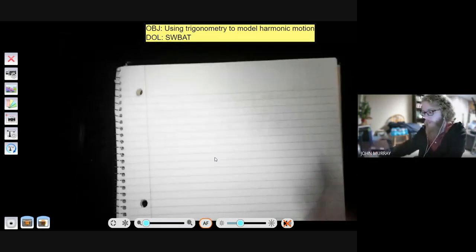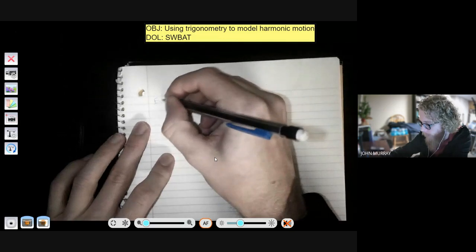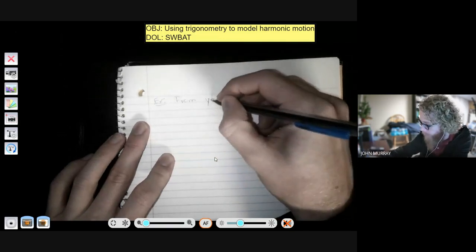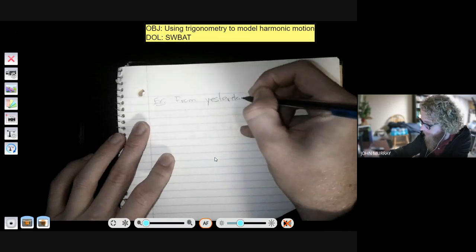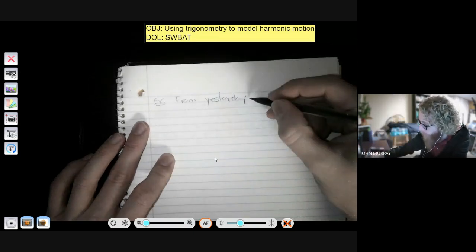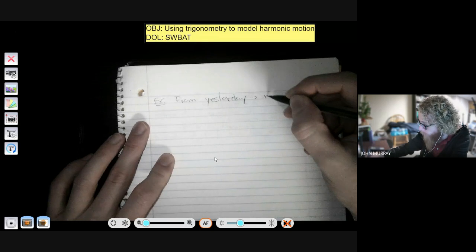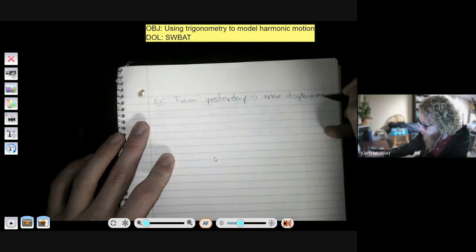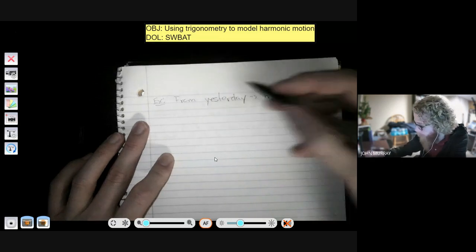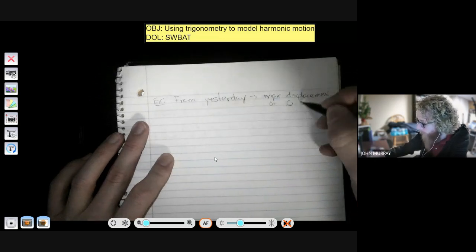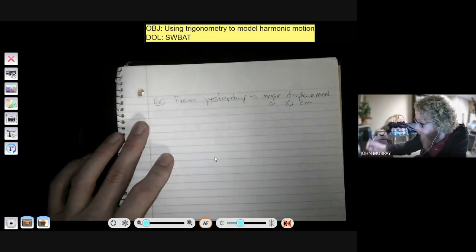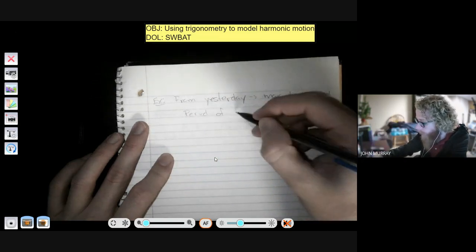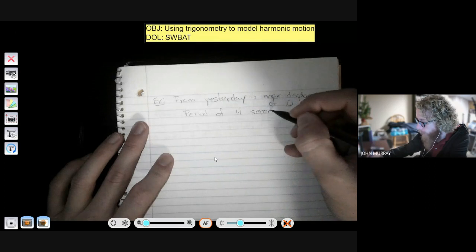So from this, we have a maximum displacement of 10 centimeters, and we have a period of 4 seconds.